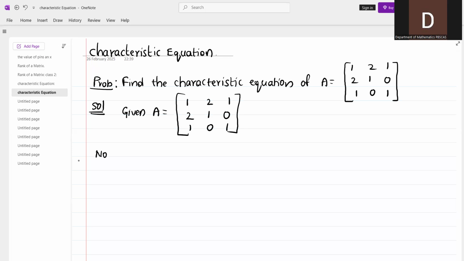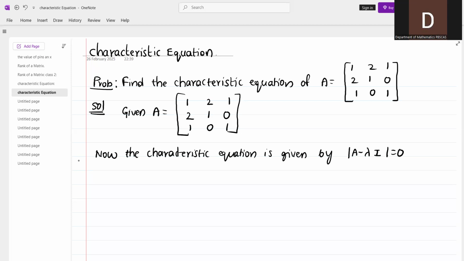Now, the characteristic equation is given by det(A minus lambda I) equal to 0.